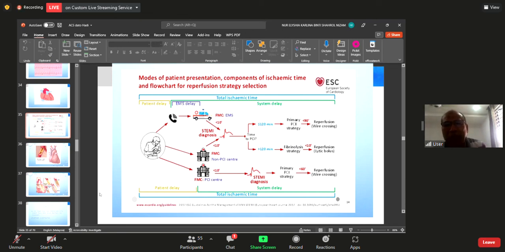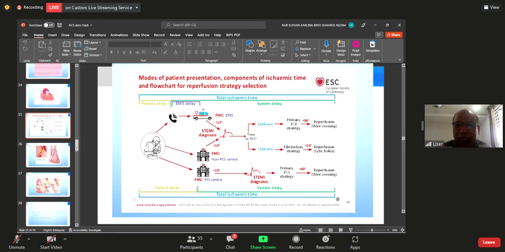Actually, I have a slide about the pros and cons, the contraindications for thrombolytic therapy. I can show it to you if you want to see. If the patient agrees to thrombolytic therapy, then you proceed. If the patient disagrees, then you treat as unstable angina and keep monitoring the patient.